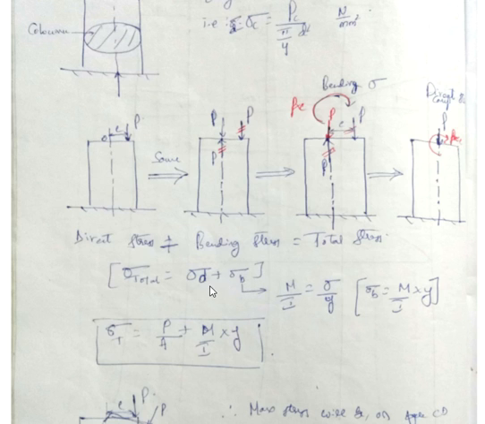It is a compressive stress, and also there is a bending stress, and we all know that bending stress is given by sigma B equals M by I into Y, where M is the bending moment, which is given by P into E, divided by I. What is I? I is the moment of inertia. Y is the distance from the neutral axis to the extreme fiber.